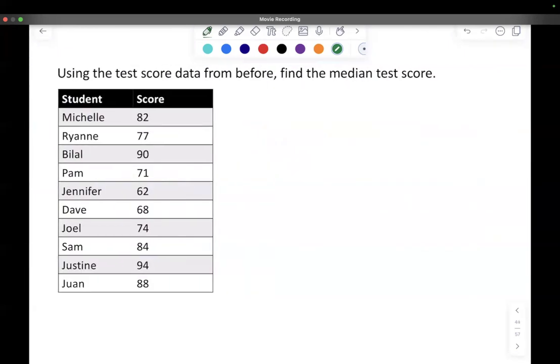Okay. All right, now we're going to use the test scores. I'm going to write them down at the bottom. I'm going to get smart here. Maybe I'm getting smart. Let me see, 62.